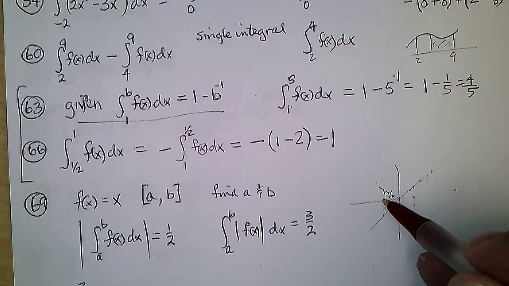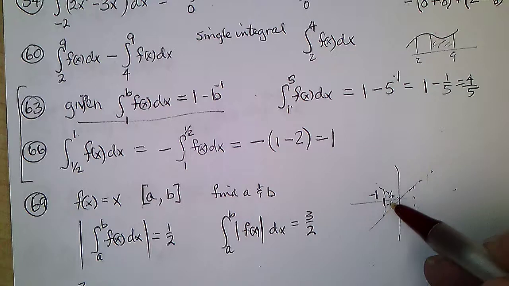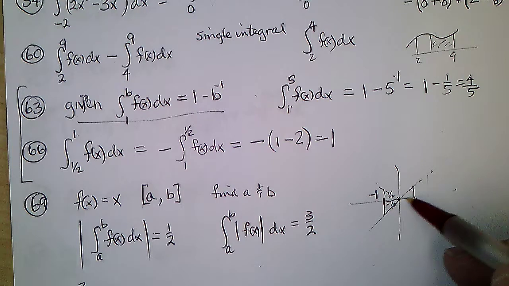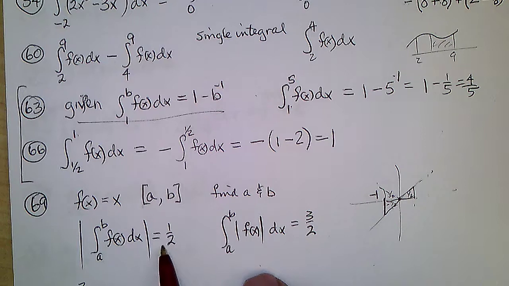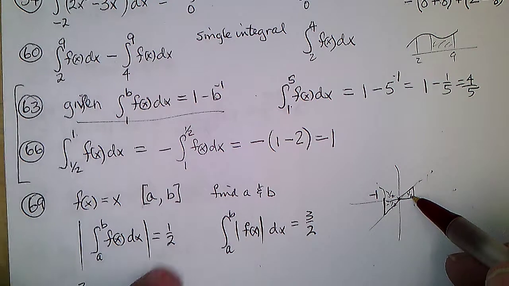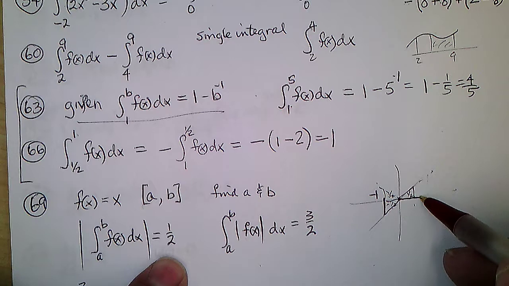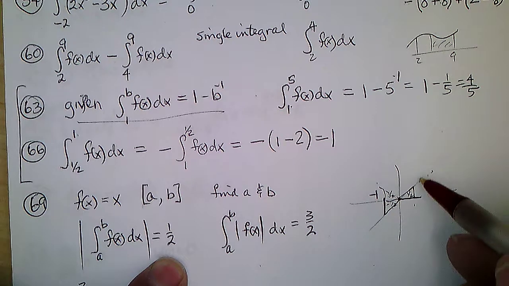We want to start at negative 1, where the area is negative 1/2, and then go over here where we get a plus 1/2, and then go far enough further so that we get a total of 1/2 more. So we want to go far enough so that the area over here is 1.